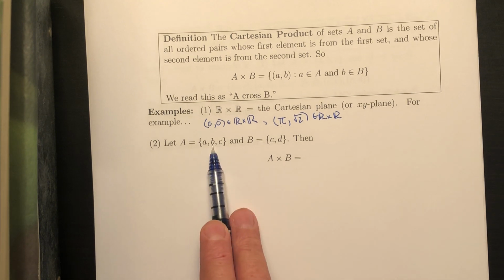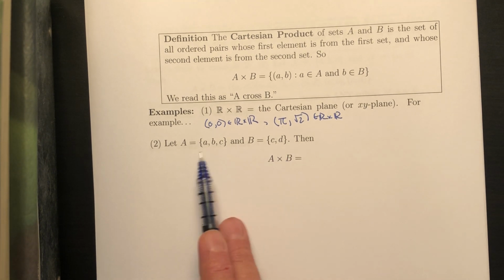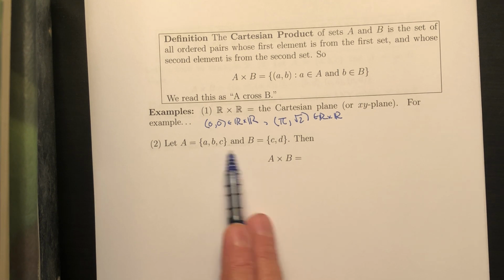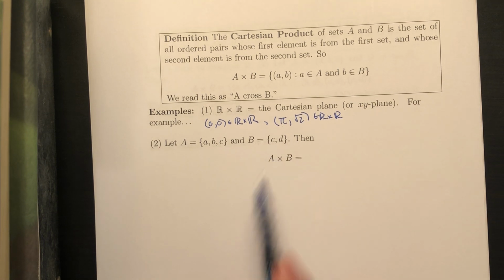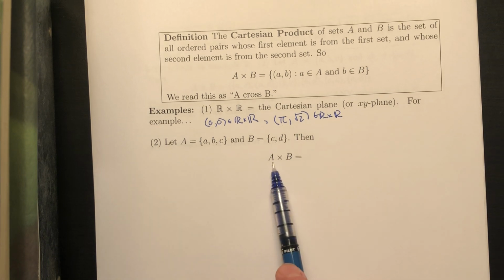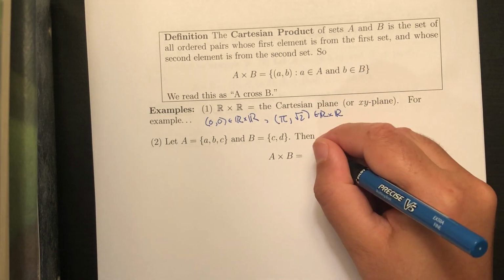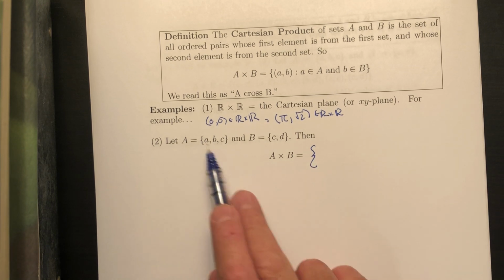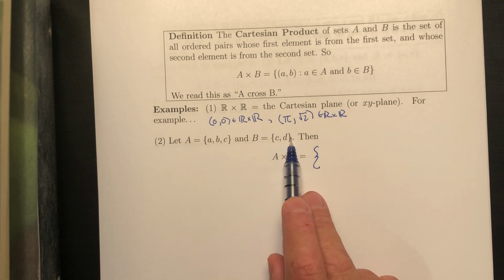So this is a Cartesian product of two finite sets. Let's say big A contains elements little a, little b, little c, and big B contains elements little c, little d. Then the Cartesian product of A cross B is just going to be a set of ordered pairs, and it's all ordered pairs where you choose one element from the first set and then one element from the second set.